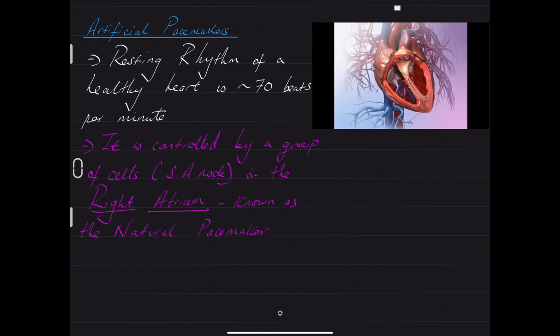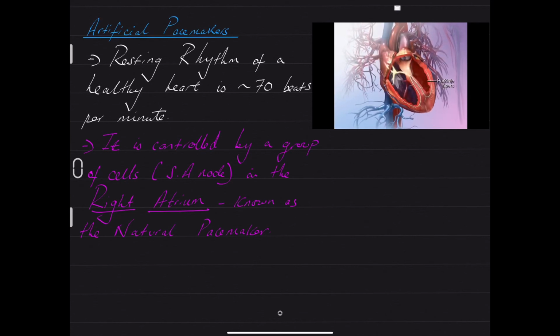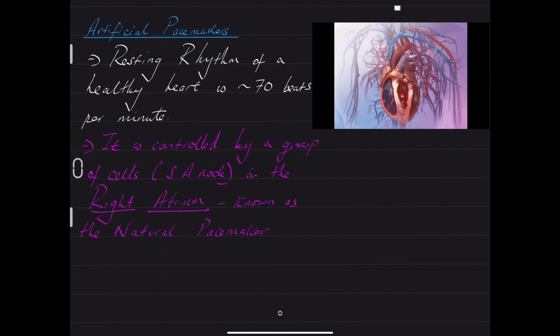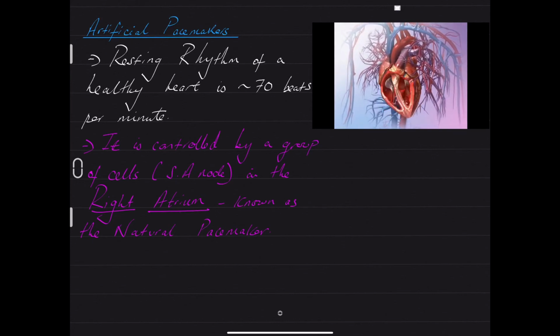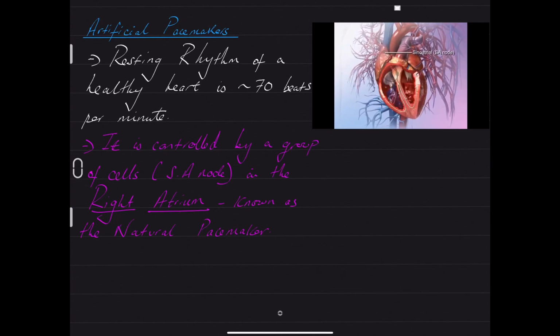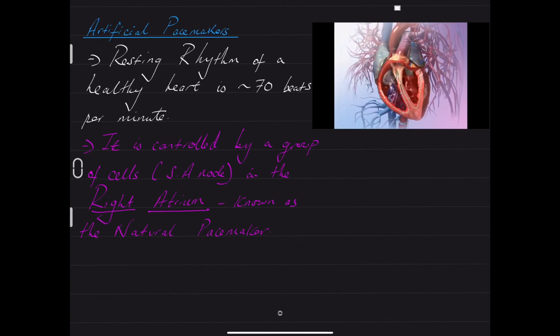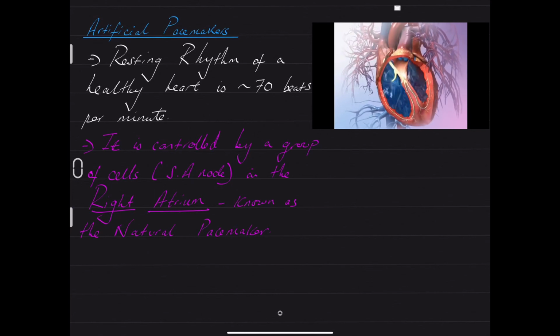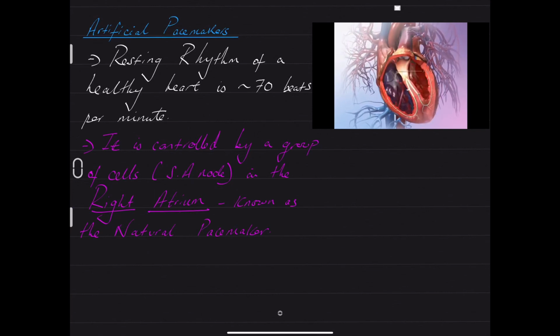Now, if this natural pacemaker stops working properly, this can result in a lot of problems, and serious complications can arise. If the heart beats too slowly, the person will not get enough oxygen to the respiring cells or tissues. If the heart beats too fast, then it cannot pump blood properly either.